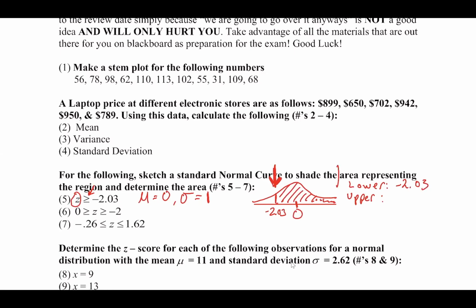The upper bound doesn't get cut off at any particular number, so we're going to go all the way out to positive infinity. And if you're using the TI-84, you don't have a positive infinity, so you use 10 to the 10 power.